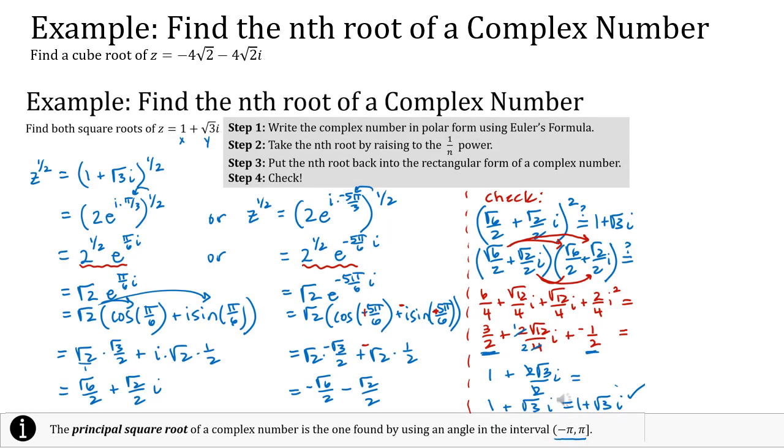Before we take a look at this one though, I was watching the video from the last example, here it is, and I noticed that I forgot something when my theta was equal to -5 pi over 3. And maybe you noticed it, but toward the end, I was writing out the rectangular form of that square root, and I think I accidentally dropped the I that should have gone on that second term.